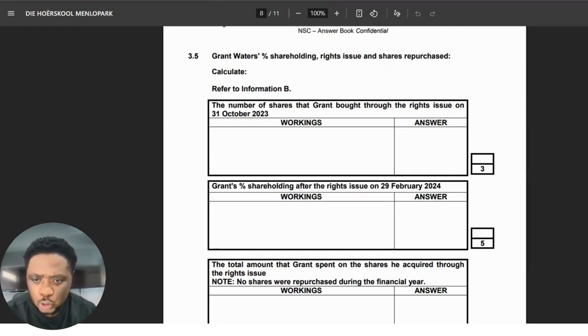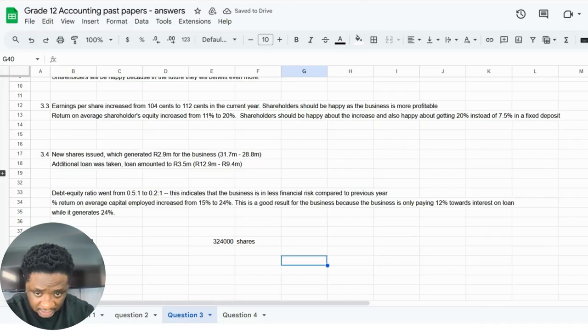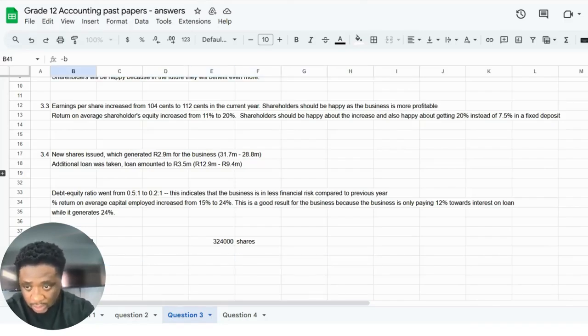To do this, we start with total shares. At the beginning of the year, there were 3 million shares in issue.